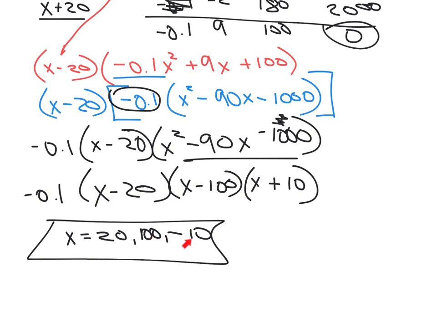Negative 10 works, but you cannot have a negative number of units produced. So if you produce 20, you break even, and if you do 100, you break even. Now remember, these are in thousands, so 20,000 or 100,000 units give a break even. Okay, so that's it for example 3.